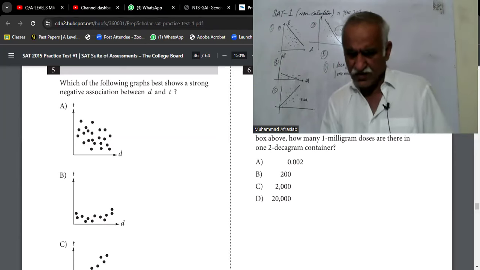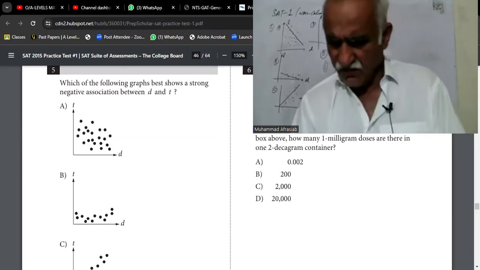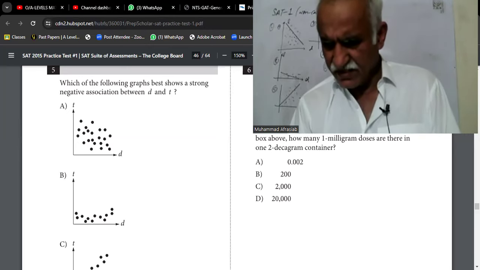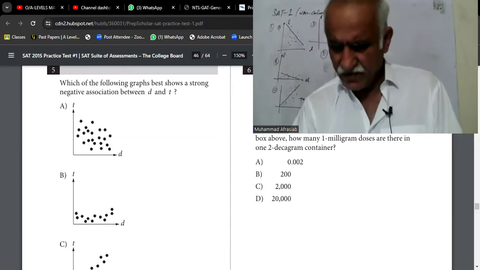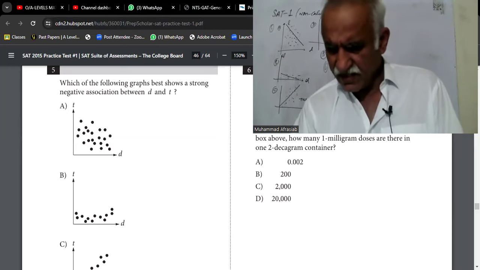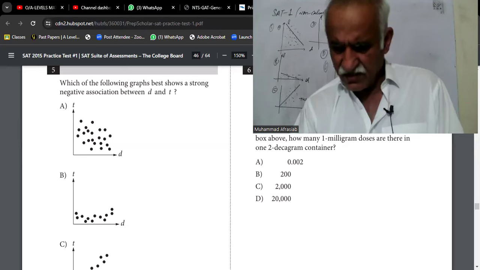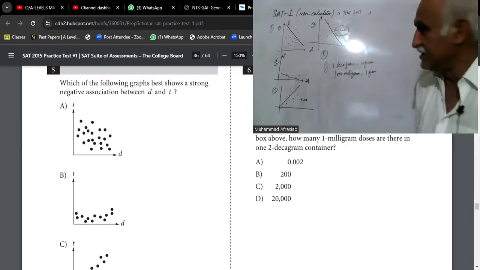A hospital stores one type of medicine in 2-decagram containers. Based on the information given in the box above, how many milligrams are there in a 2-decagram container?